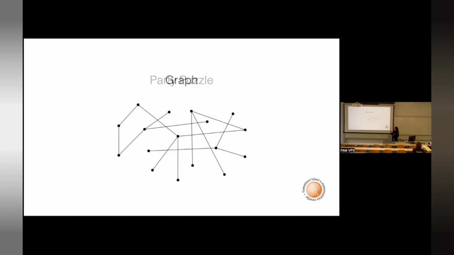This is also called a graph. Maybe if you have been around FAMNIT, you know that this is a real object of study of many people here. I also work on graphs, and today I will try not to use many definitions or very technical words.